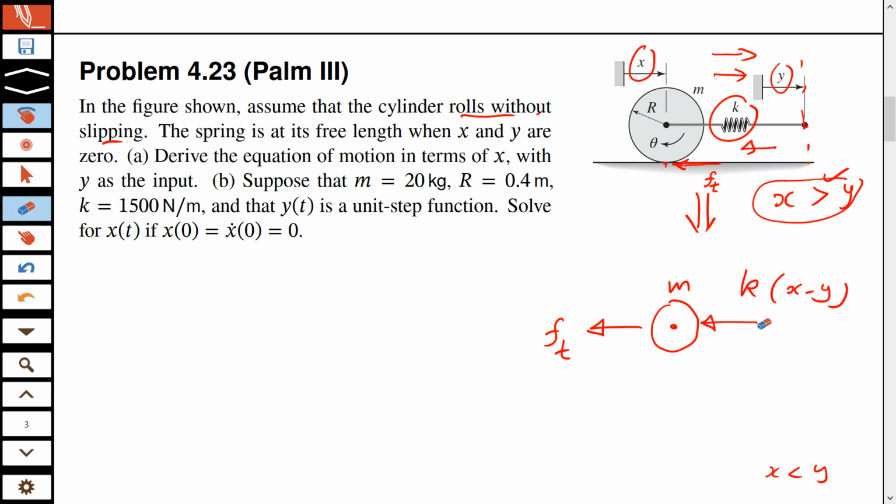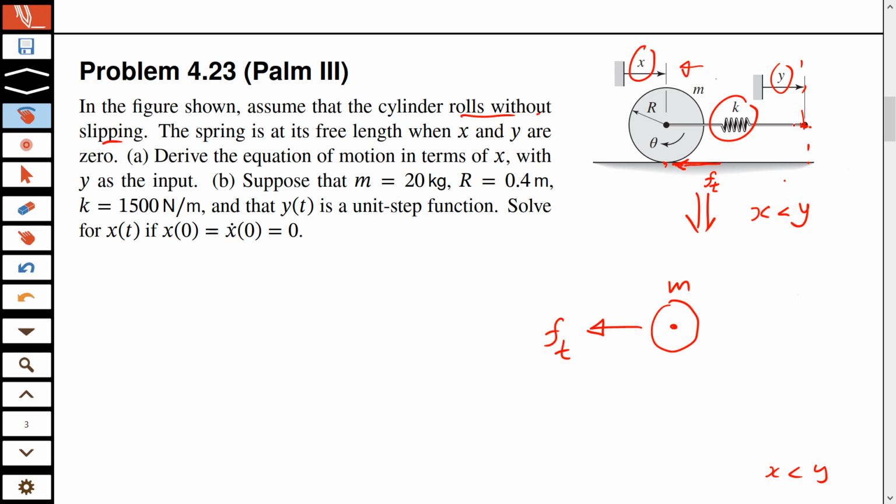Or let me change this now just to make sure that you know the reasoning. Let's say I assume x to be less than y. When x is less than y, if you again take that as your reference, it is the same as if this end is moving to the left relative to that end.